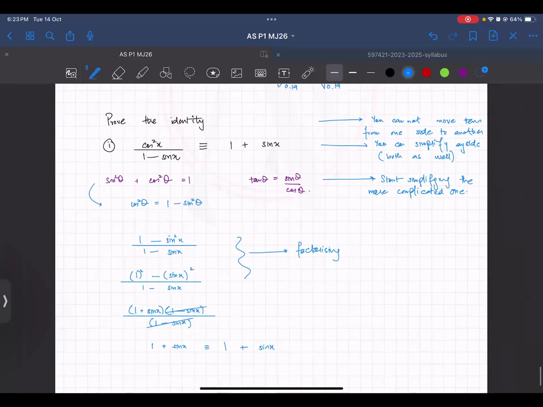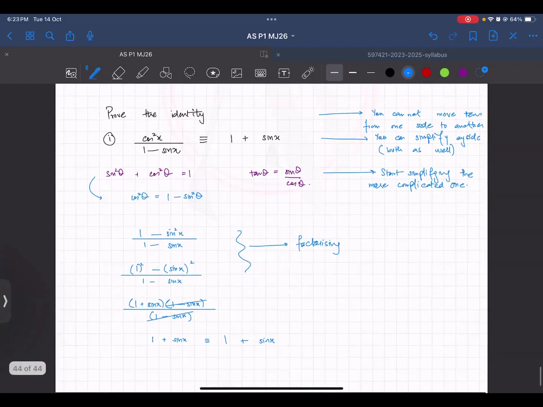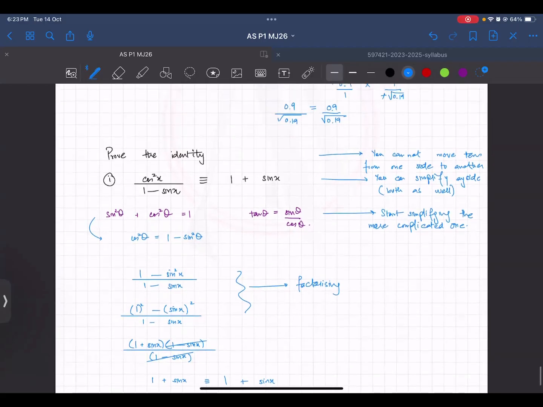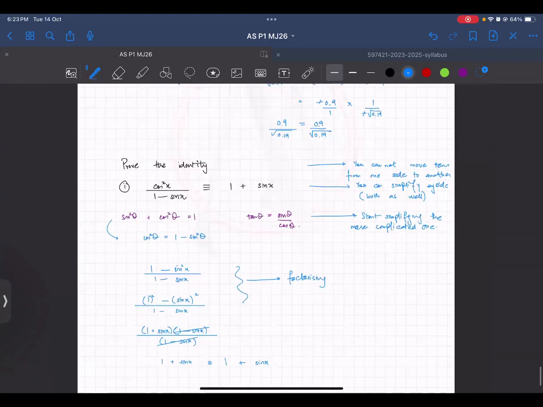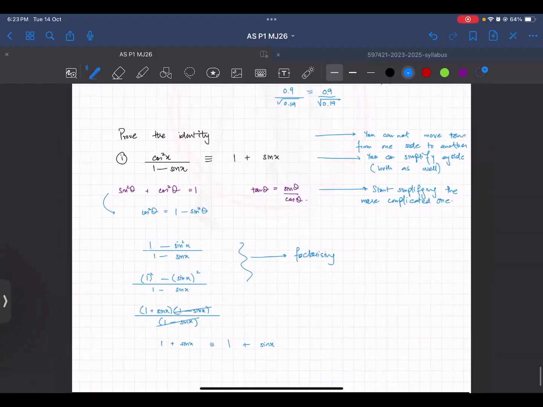So this is the first part. Always you will see in the past papers that the first part will be the same thing like this. They will ask you to prove the identity, and then you will use the identity that you have proved in the second part for further uses. So you can copy this one down as an example. We'll do some more identity proving using only the two that we have learned.